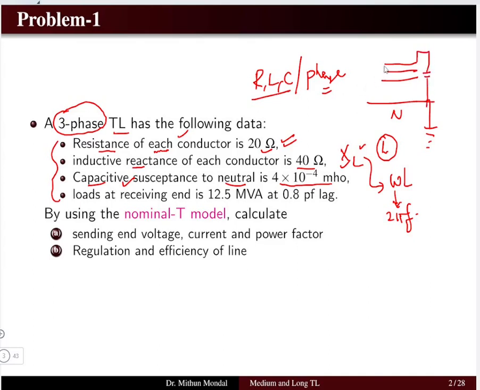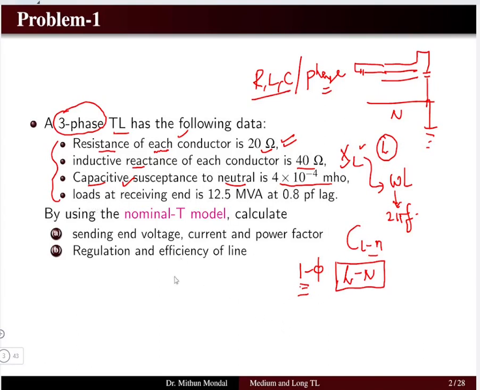If the capacitance is given between two lines, then in that case we have to get the value of capacitance of line with respect to neutral. Why are we doing this? Because we need to solve all the problems on a per phase basis, single phase basis, and on a single phase basis we always have it between the line and neutral. So since the problem has to be solved on a single phase basis, we have to do this manipulation.